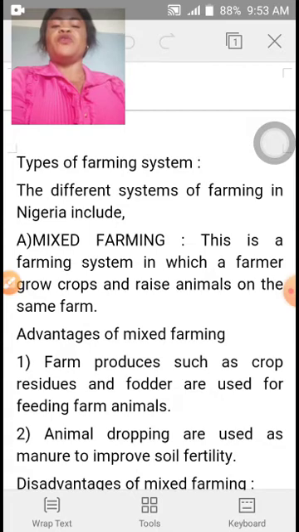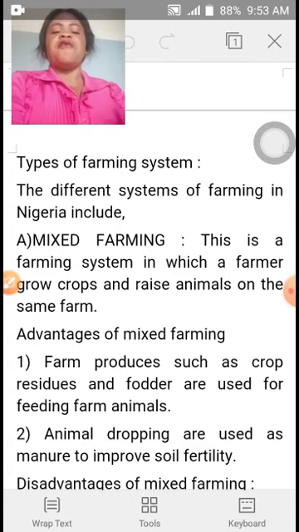And fodders are food for animals like horses, cattle, and so on. Can be hay, vegetables, and corn stalk. That is from fodder. Yes, farm produce such as crop residues and fodder are used for feeding farm animals. That is number one advantage of mixed farming.